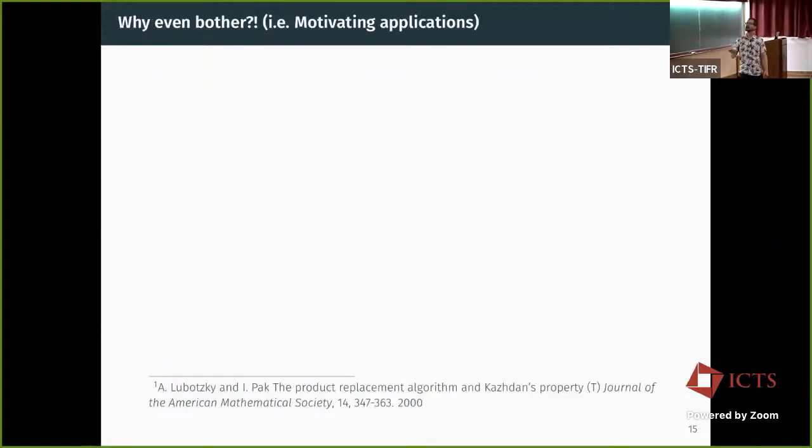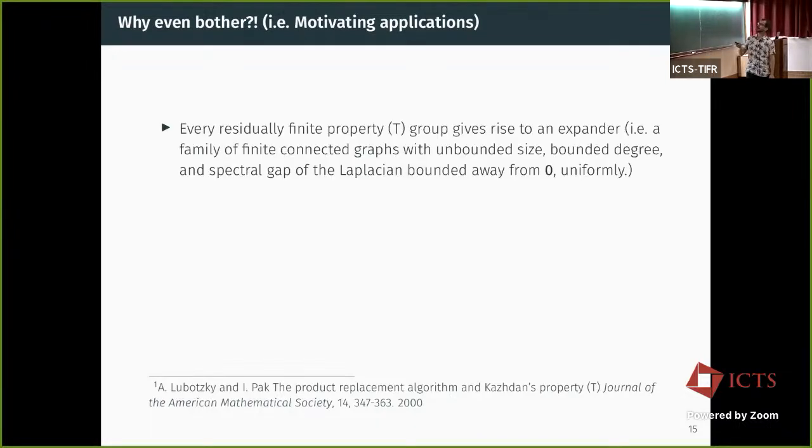All right. So why do we even bother about property T for this particular group? Well, first of all, why do we bother about property T? There is a connection between expanding families of graphs and residually finite groups with property T. Namely, we can construct one from the other.